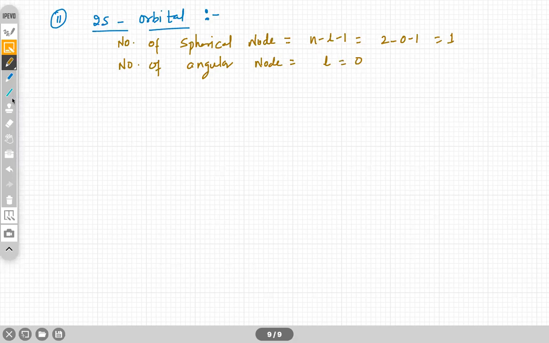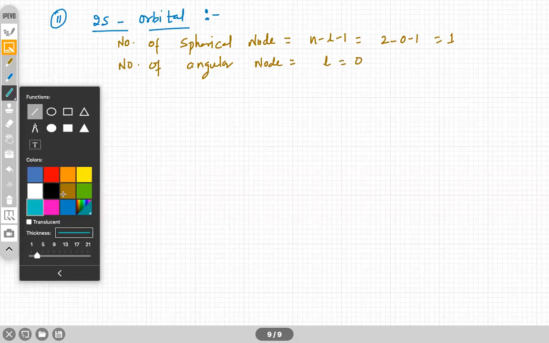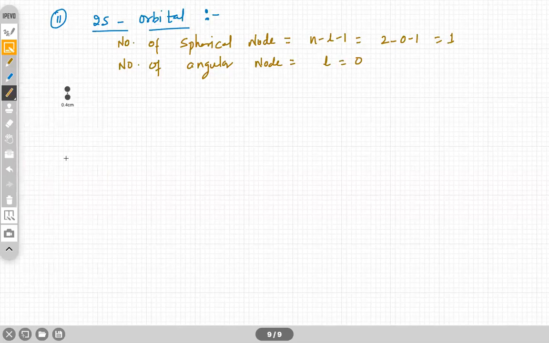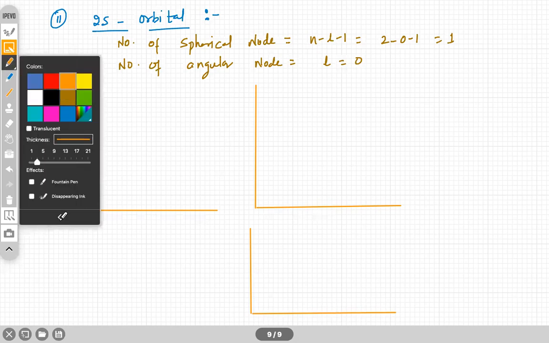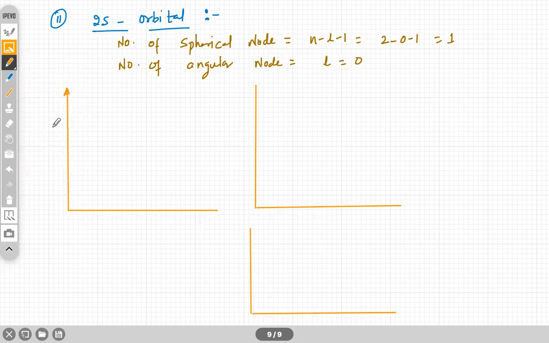Okay, so when you draw the graph of this one also, I'll draw it quickly here. So this graph is again psi and r.